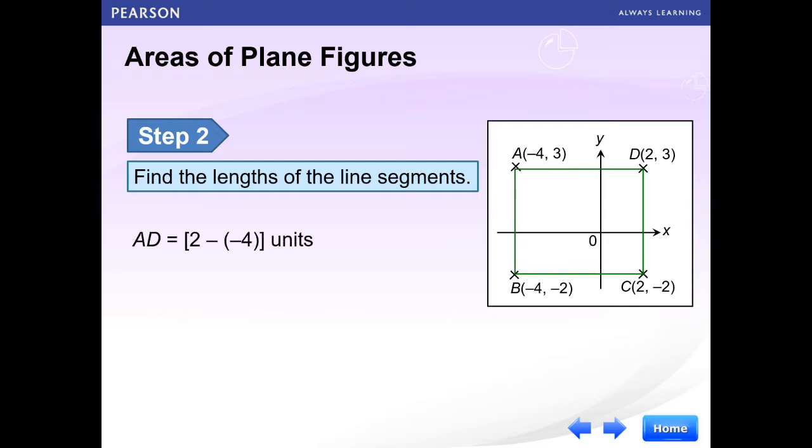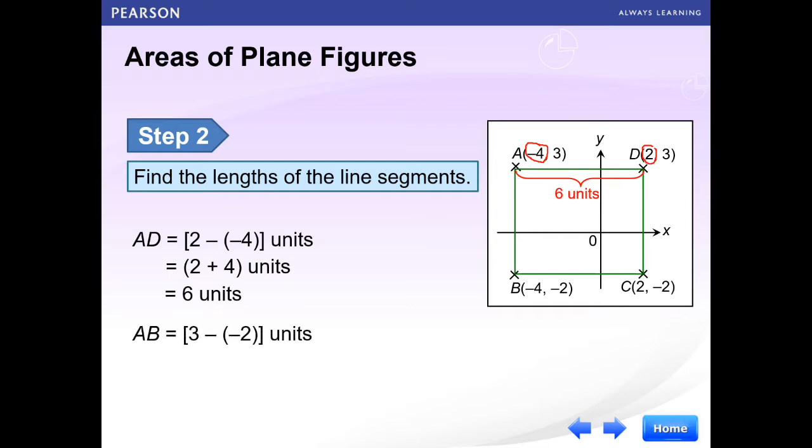First one, AD. Of course, you already remember that you are finding a horizontal line, so you will use this -4 and 2 to help you. To find AD, that is 2 minus -4, that is 6 units. On the other hand, find AB.